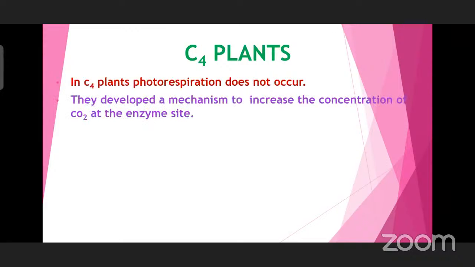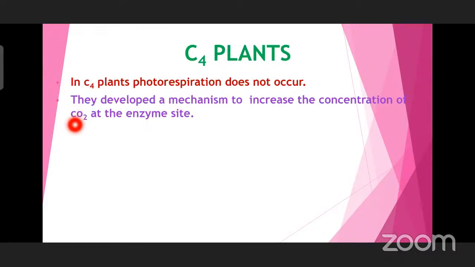They developed a mechanism to increase the concentration of carbon dioxide at the enzyme site. You know Rubisco has a high affinity to carbon dioxide. But when temperature increases, when oxygen increases, it becomes oxygenase and undertakes photorespiration. To skip that photorespiration, these C4 plants developed a mechanism for increasing the concentration of carbon dioxide, where at the enzyme site they don't want oxygen to combine.